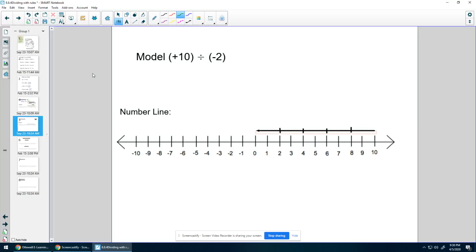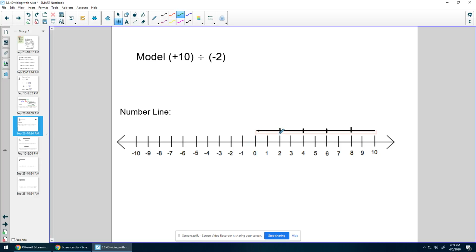All right, this next one, we have 10 divided by negative 2. So same concept, it's already done for you, but we're starting at 0, we've drawn a line to show our dividend, which is 10. Then we're dividing by a negative, so our arrow is going to be pointing towards the negative direction here.